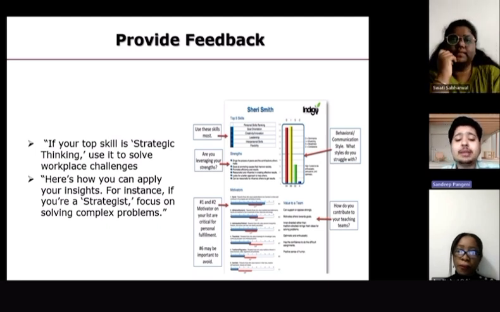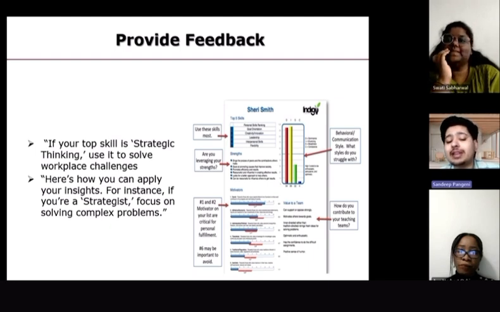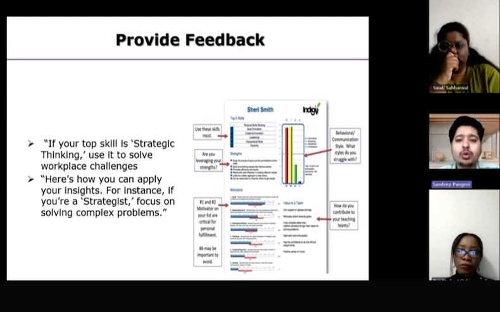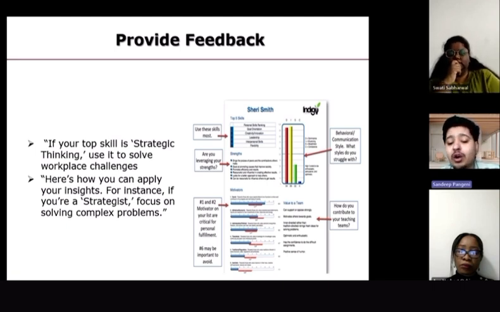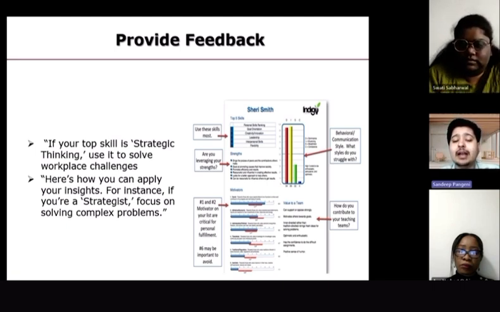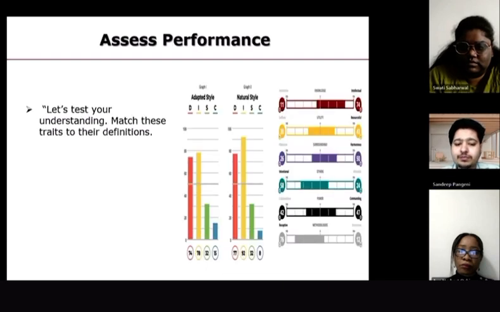For example, if someone's top skill was strategic thinking, we guided them on how to apply that in solving real life challenges. Feedback wasn't just about telling them what they did well. It was also about helping them understand how they could use those insights effectively in their work environment, which made the learning much more relevant and engaging.